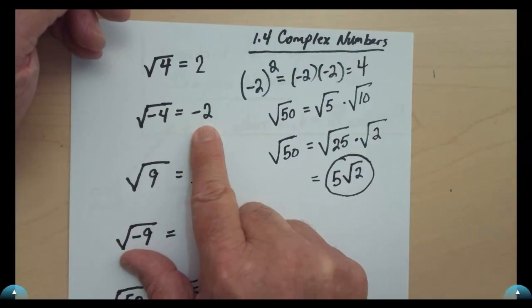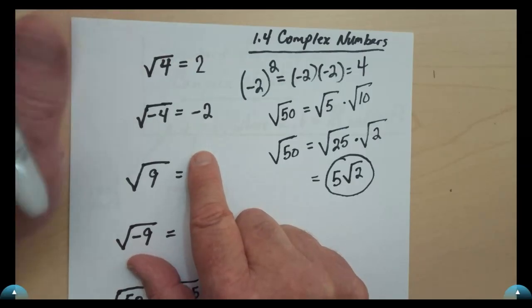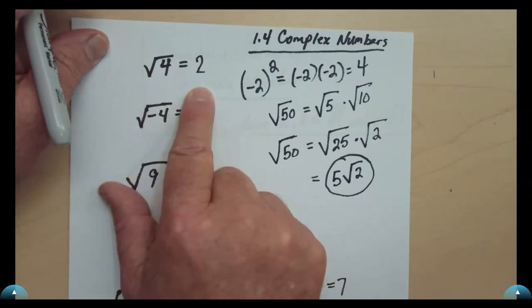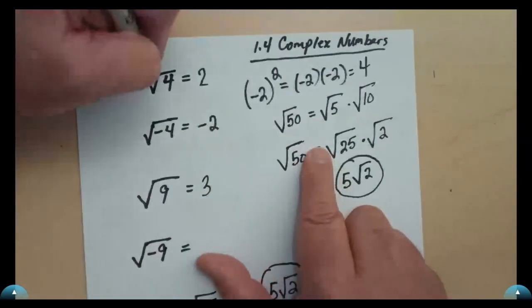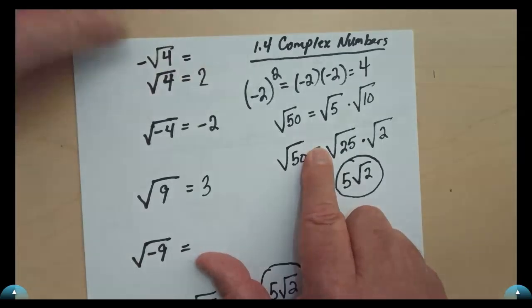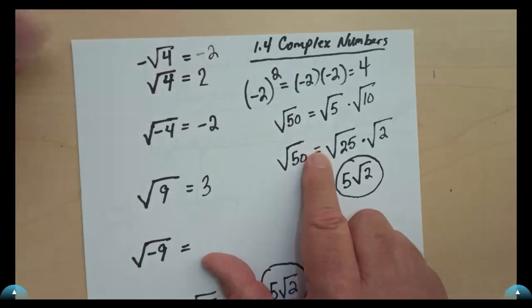It turns out that negative 2 is actually just the other square root of positive 4. It turns out that positive 4 has 2 square roots. It has a positive square root, 2, and there's a negative version of the square root of positive 4, which is negative 2. Why?